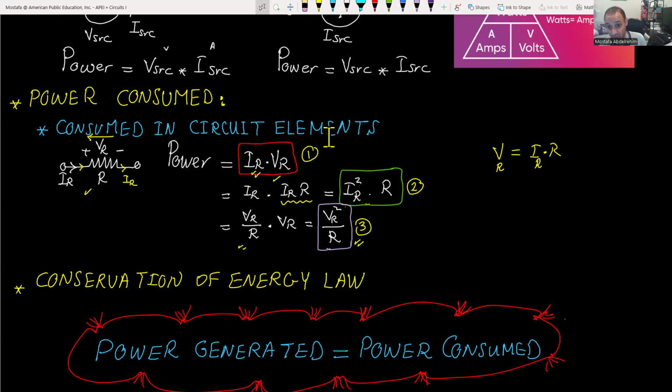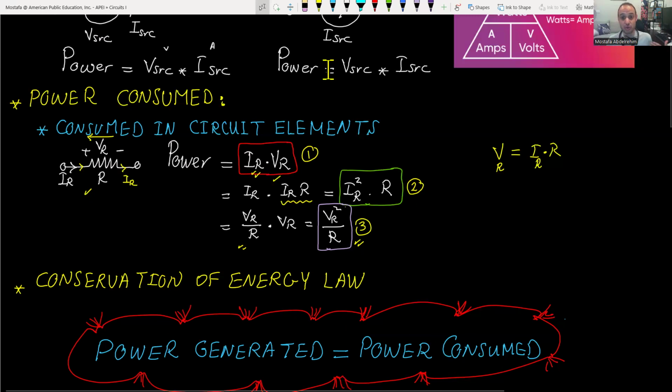If you calculated all the currents and the voltages in the circuit, calculate the input power and calculate the power consumed in the resistances, for example. They should both be equal. Of course there will be some fractional differences because of the rounding errors, that's fine. But if you see a drastic difference between them, you have a mistake.